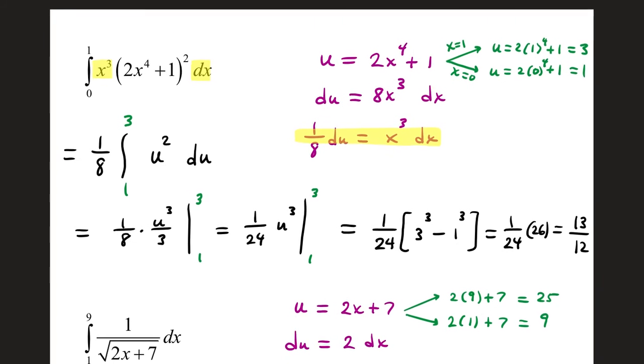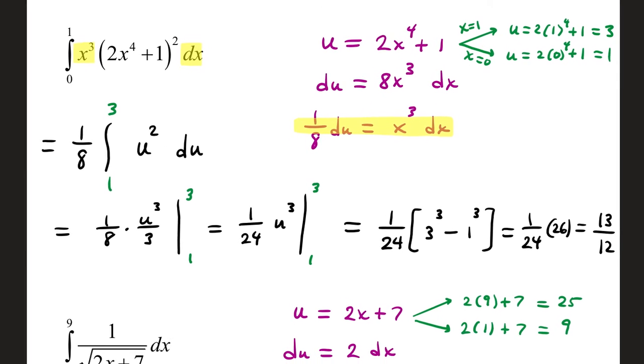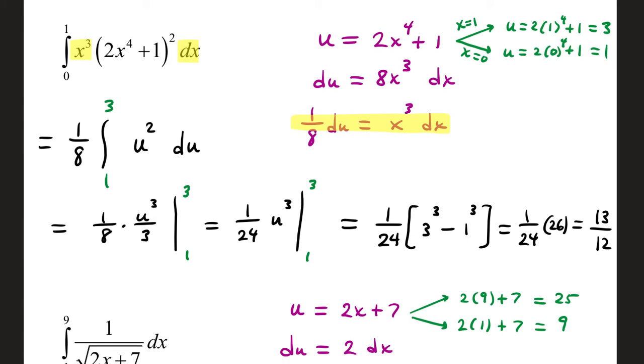Switching to substitution method of definite integrals, we have the integral from 0 to 1 of x cubed times (2x to the 4th plus 1) quantity squared dx. 2x to the 4th plus 1 is in a grouping symbol, so let's let our substitution u be equal to 2x to the 4th plus 1.